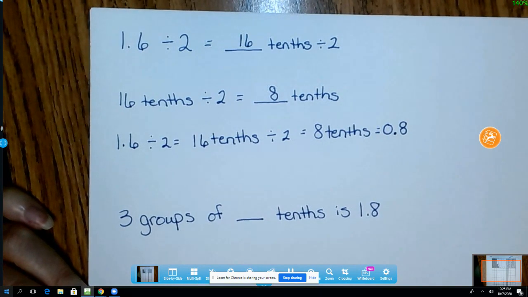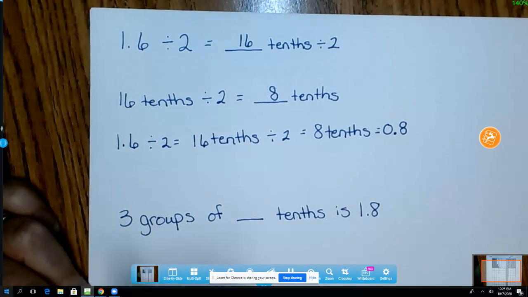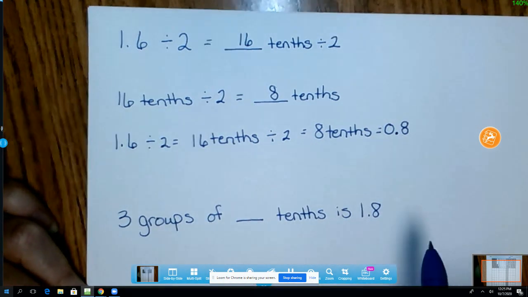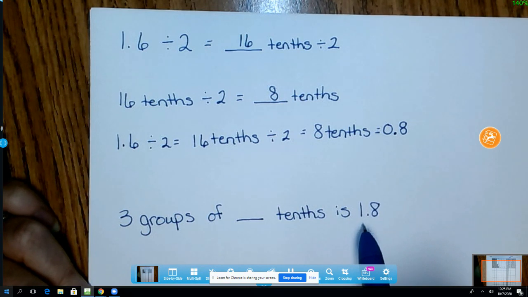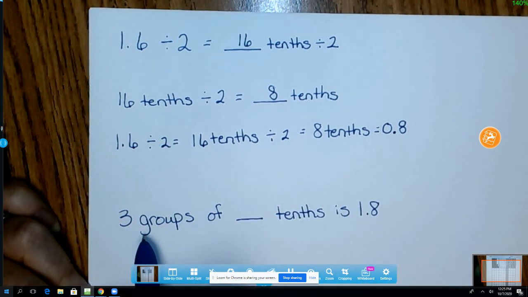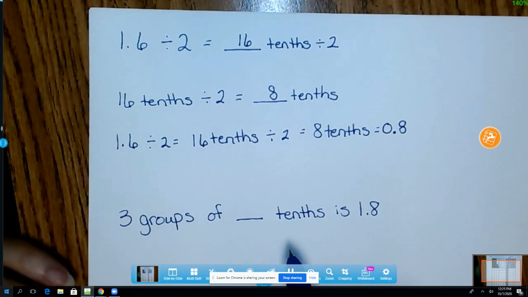Okay, so let's think about this. This is written a little backwards from what we did before. What we're really wanting to know is 1 8/10 divided into 3 groups is how many tenths in each group.